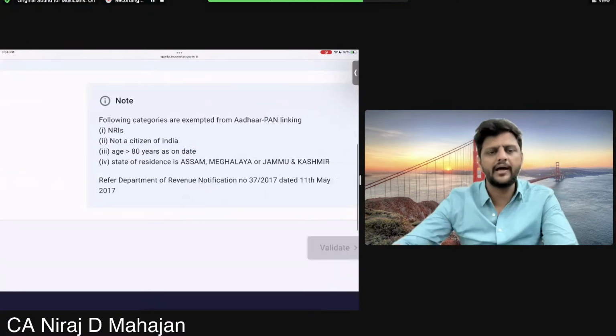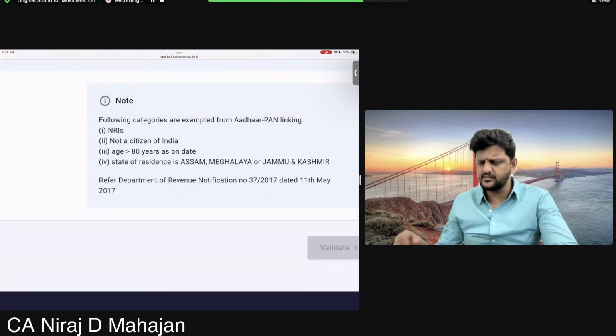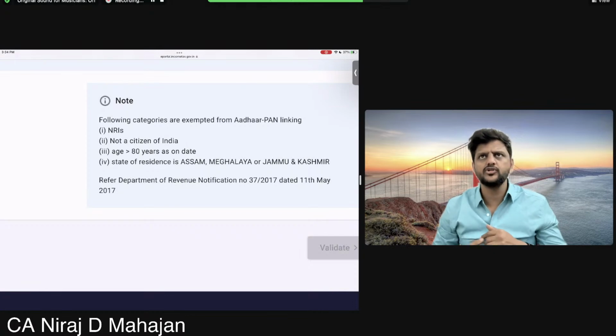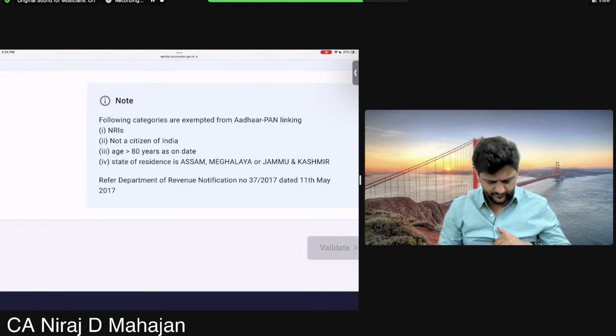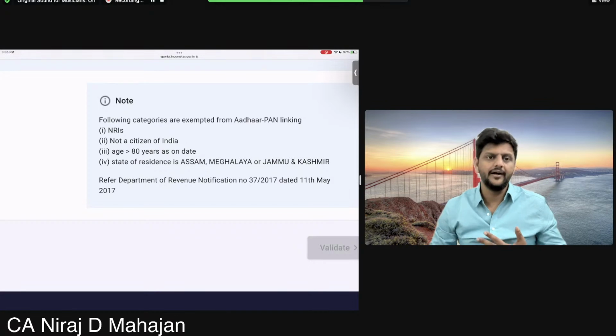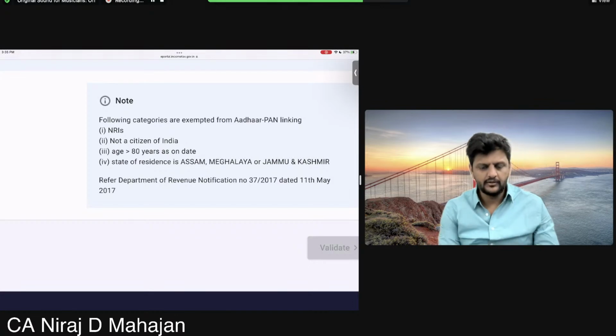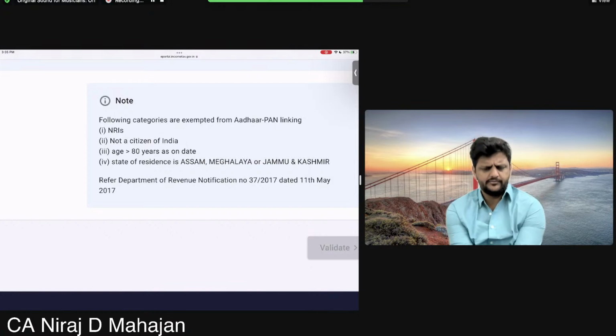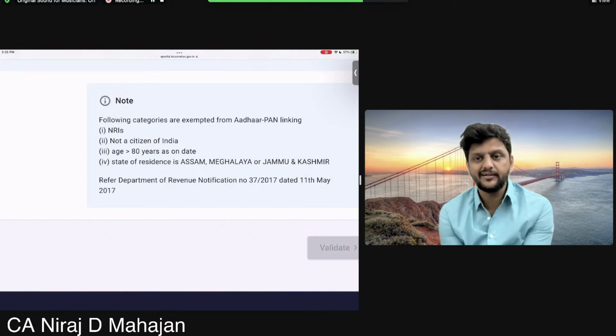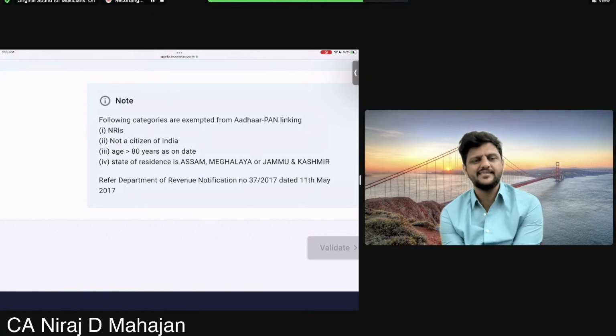Who are exempted from PAN Aadhaar linking? NRIs. But as it is, NRIs are not required to have Aadhaar. I had read those rules for Aadhaar also. Then, not a citizen of India. They can't even get Aadhaar if they are not citizens of India. Common sense.